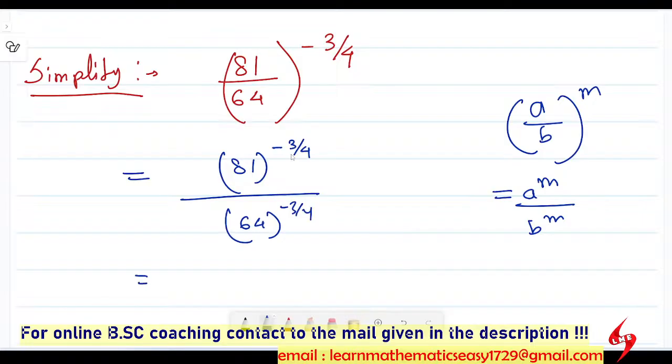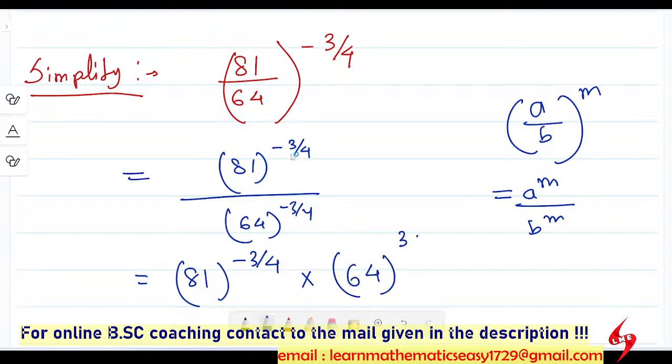Here the denominator power is negative. If I change it to the numerator, the power will take a negative sign, and the negative power will become positive. Actually I am interchanging the opposite sign here, like this.